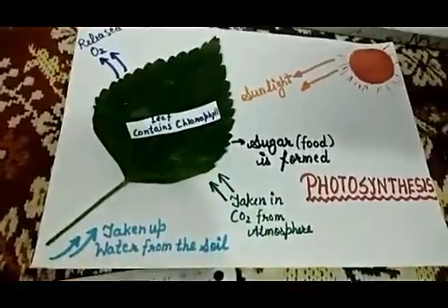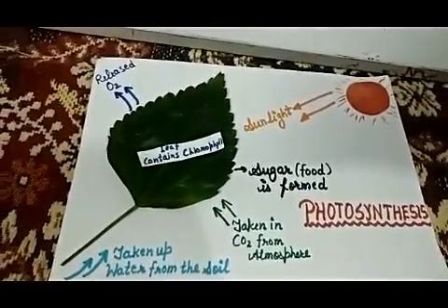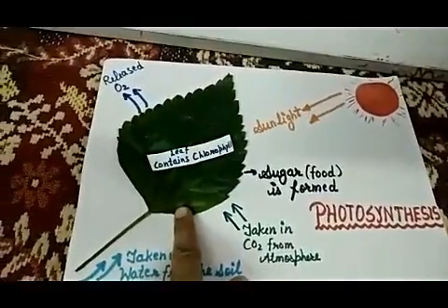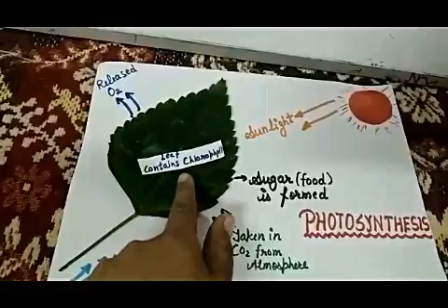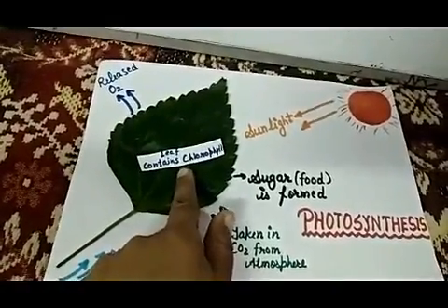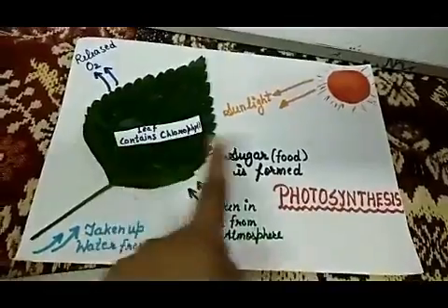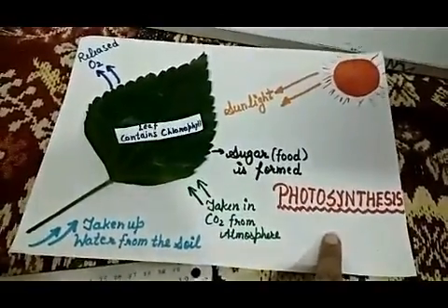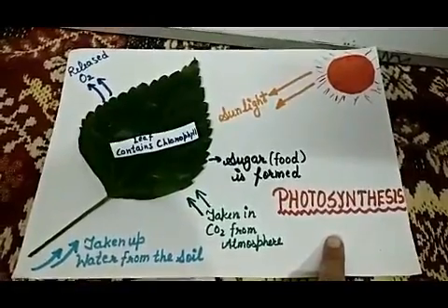Dear children, as you know, food is prepared in green plants, in green leaves. You can see here a leaf. The leaf contains a green pigment called chlorophyll. And this is the process of photosynthesis by which green plants prepare their own food.